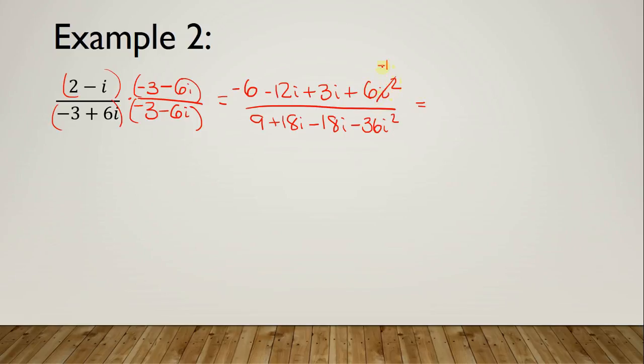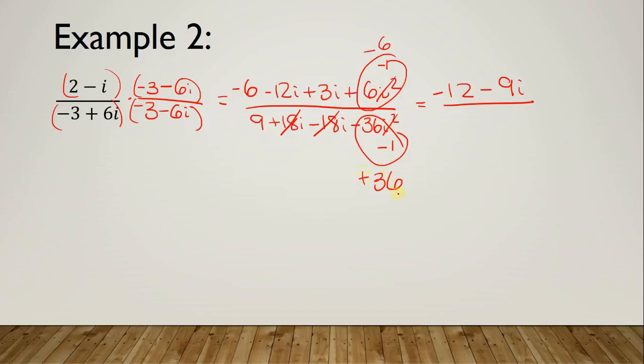So I'm going to get a -6 here, right? So if I combine my real pieces and then combine my i's, I'm going to get -12 minus 9i on the top. These guys cancel off. i squared is just -1, so this is going to become a positive 36. So 9 plus 36 is 45.